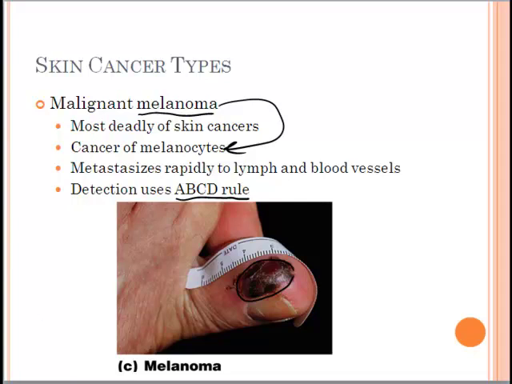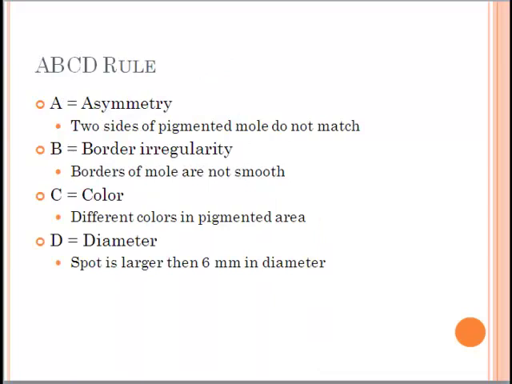And so let's talk a little bit about the ABCD rule. So here's the ABCD rule. As you look at the different moles on your body, and this is a good exercise to do every so often, you can use these rules here to decide if it may be cancerous or not. The first one is asymmetry.